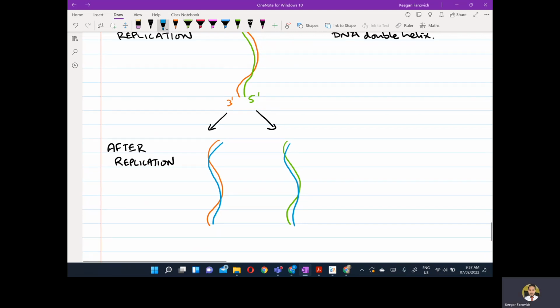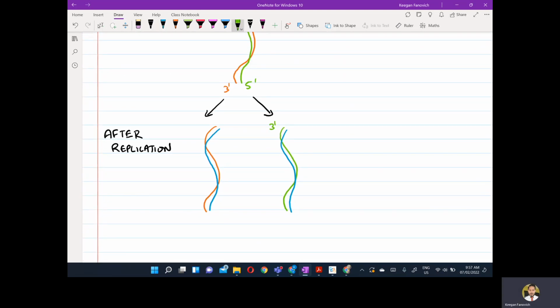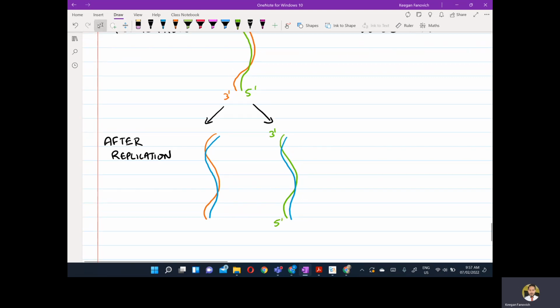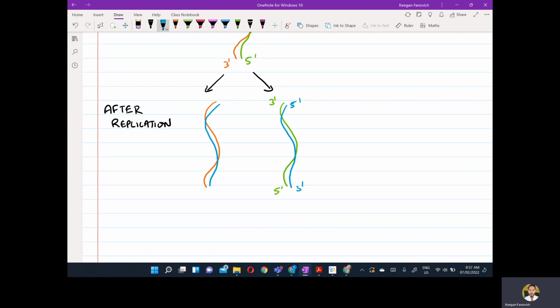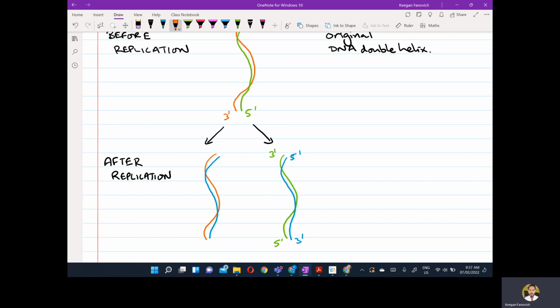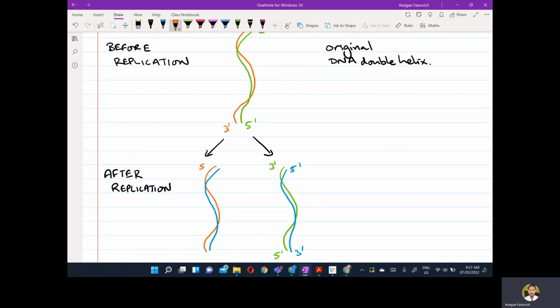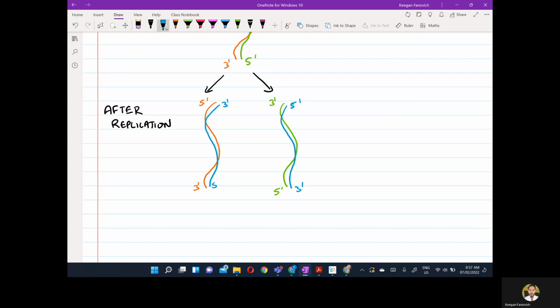So if your original green strand was the 3 prime to 5 prime, then your blue strand is going to be a new 5 prime to 3 prime. And that means that with respect to the orange side, if this is your 5 prime to 3 prime, then the blue is going to be your new 3 prime to 5 prime. Okay, so each one consists of a new strand as well as an old strand.